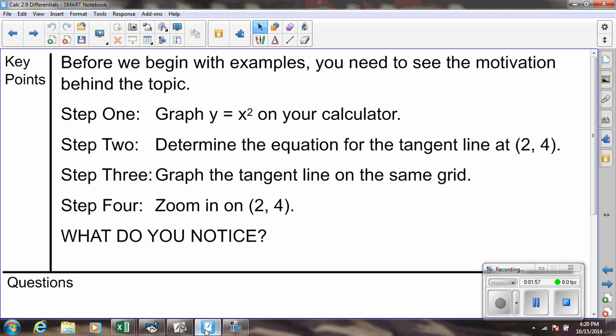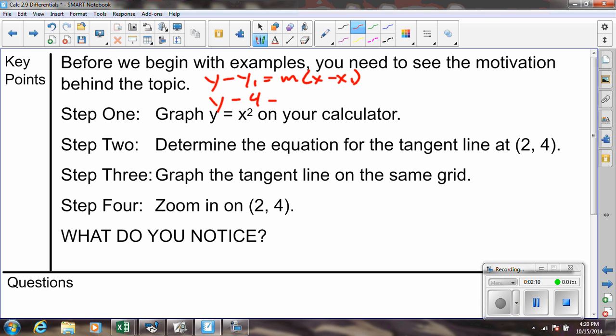Okay, so to do that, we've been doing these for a while. We know the equation of any line is y minus y1 equals slope times x minus x1, and the point y1 and x1 we can get from (2, 4), but we need to get the slope. The slope of the tangent line is obtained from taking the derivative, and the derivative of x squared equals 2x, but we're not looking at every single x value.